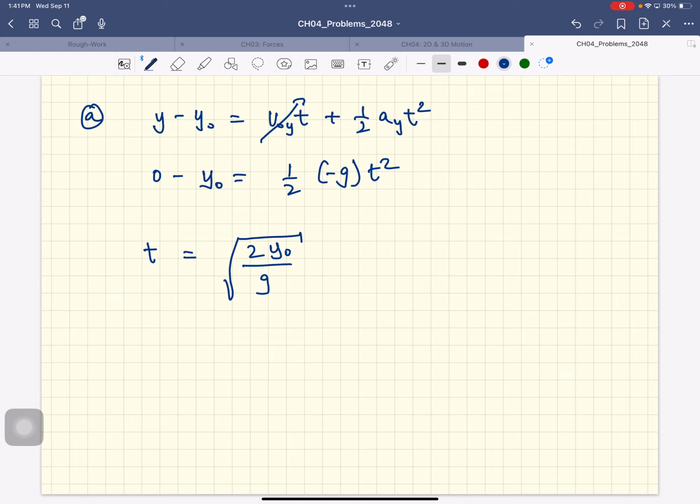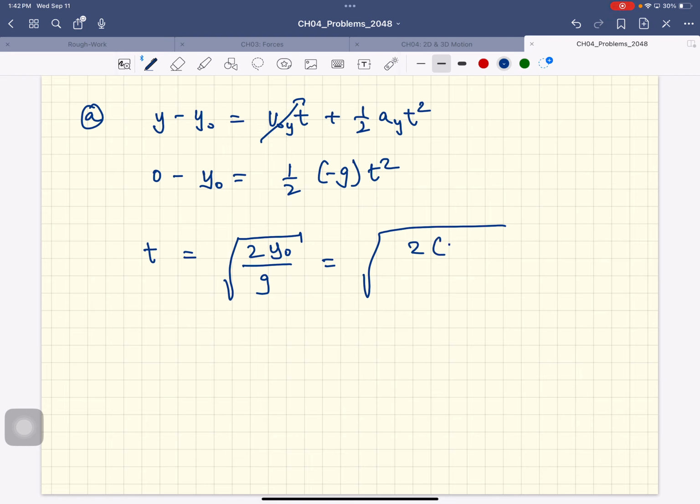So here's a general expression: if you drop an object from a height y naught, the time of flight is the square root of 2 y naught divided by g. Of course, if you throw it with a y component of velocity, the time would be different. If you drop it from a height y naught, that would be the time of flight.